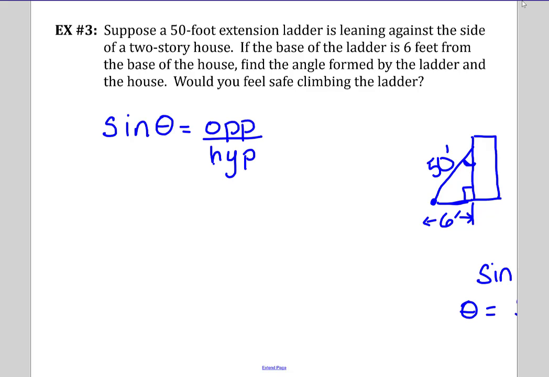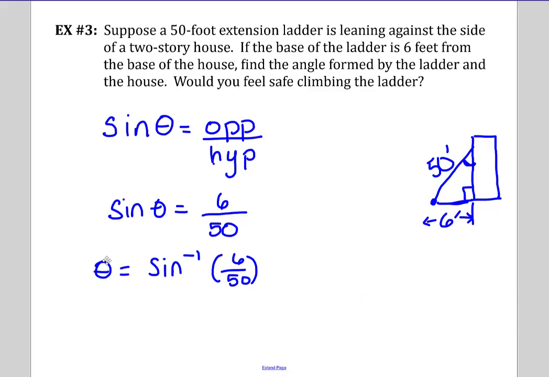So if we set up that proportion that the sine of the angle is opposite to hypotenuse, then we're going to see that the sine is 6 divided by 50. And using the inverse properties, the angle theta would be found by sine inverse of 6 over 50.